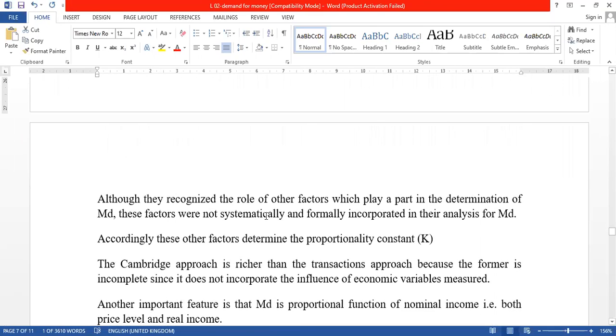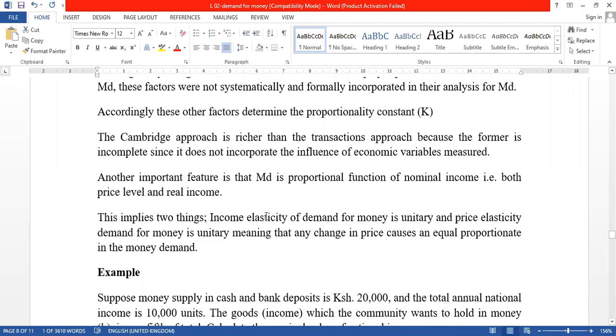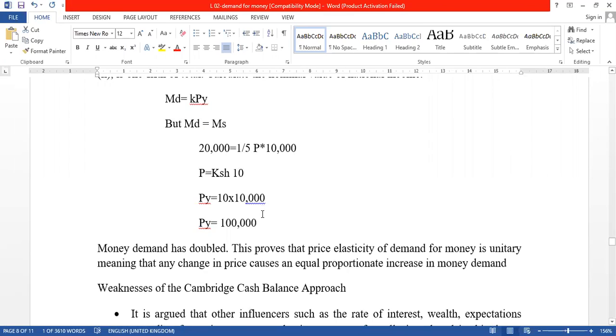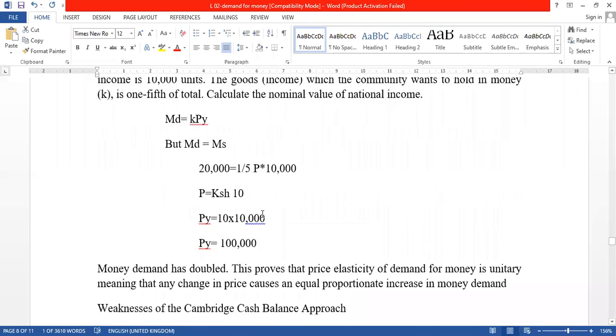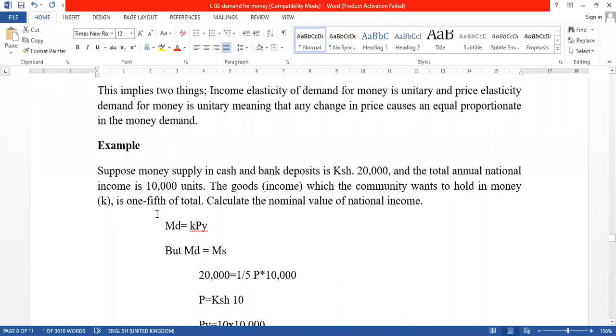I'm not sure whether we have an example here. Yeah, we have an example. And we can write this example and see whether we are able to sort it out. Suppose money supply in cash and bank deposits is 20,000, and the total annual national income is 10,000 units.